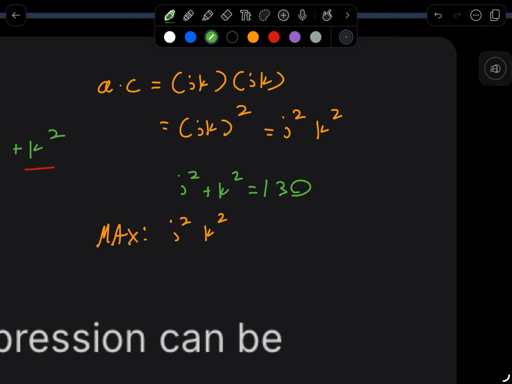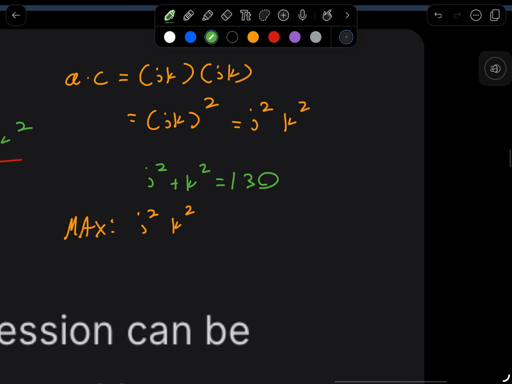Well, now what? How do we maximize j squared times k squared? If you look at these two equations, you'll see that they both have a j squared and they both have a k squared. So right away, what I would do is substitute a letter in for both of them. Let's say a equals j squared, b equals k squared.